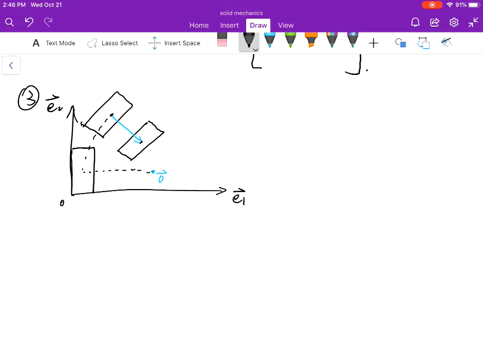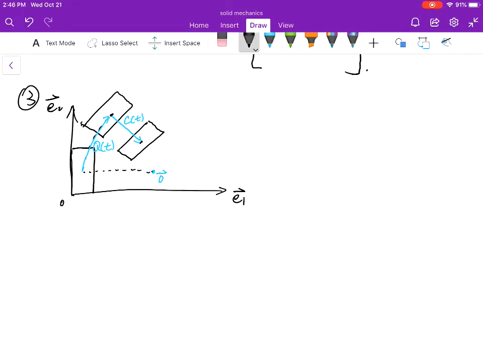To here. Okay, so if we say this translation is a function c(t), and this rotation is a function, a tensor Q(t).